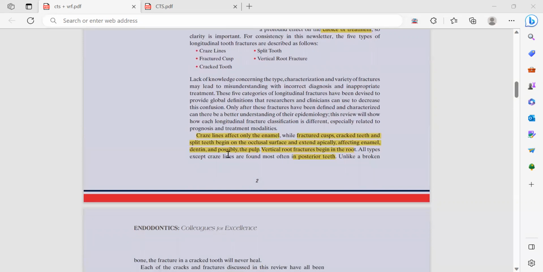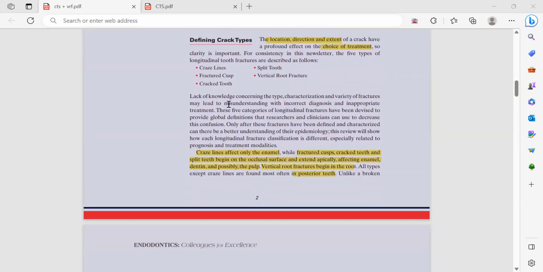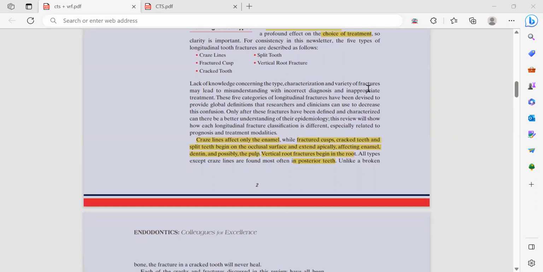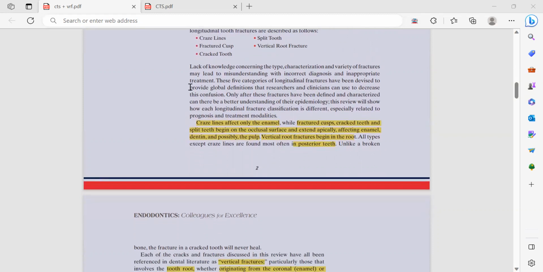We will discuss in detail in the following pages. Lack of knowledge concerning the type, characterization and variety of fracture may lead to misunderstanding, incorrect diagnosis and inappropriate treatment. If you do not have knowledge, you won't be able to make a good diagnosis and good treatment.